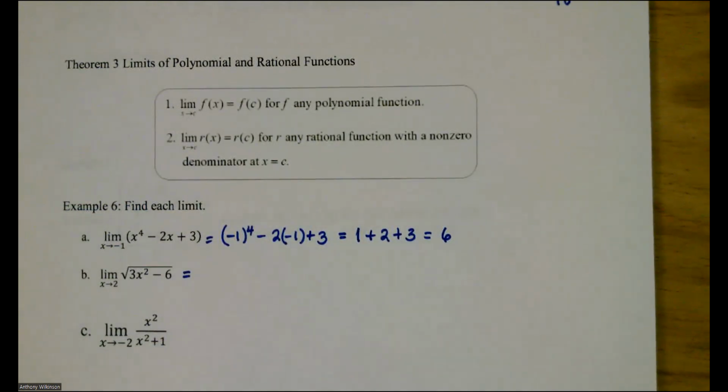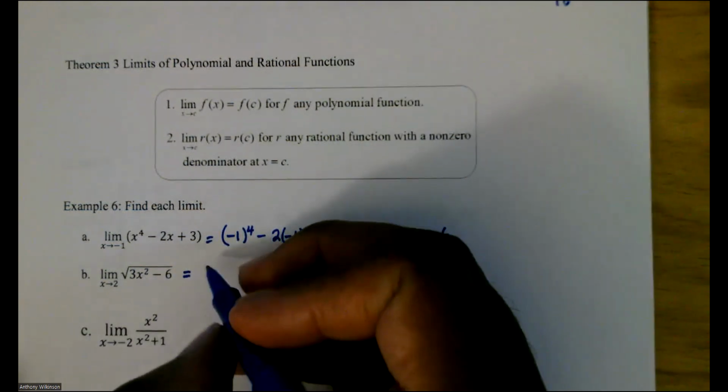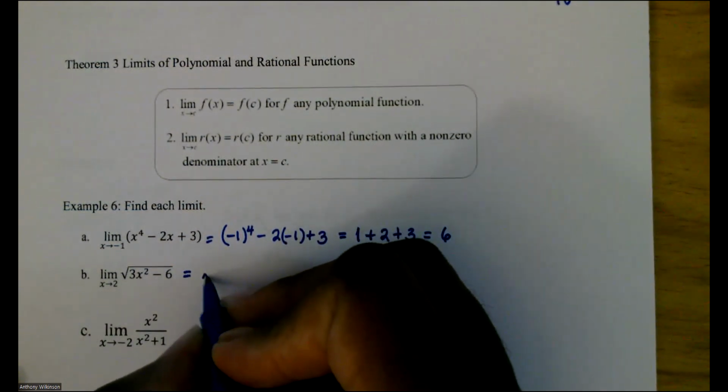Now part B is the limit as x approaches 2 of the square root of 3x squared minus 6. Again, with this one, we can use direct substitution. So we can just substitute our x with 2.